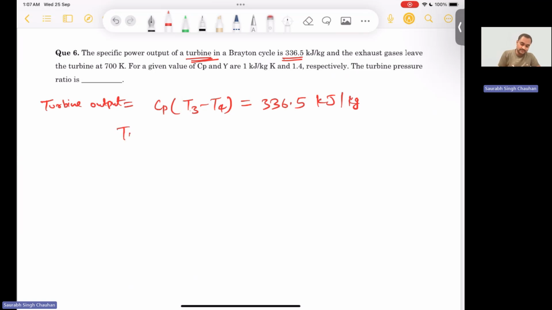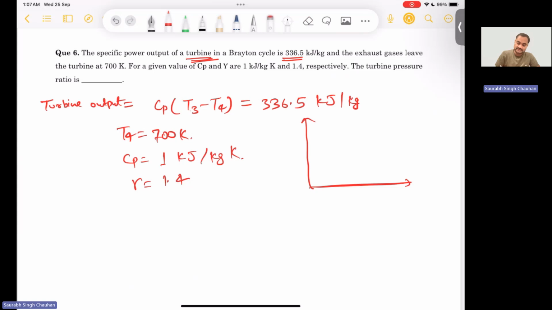So T4 is given to be 700 Kelvin. Cp is given to be 1 kilojoule per kg Kelvin, and gamma is given to be 1.4. The turbine pressure ratio is, so again we have to find the pressure ratio.